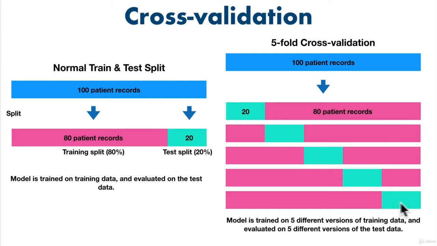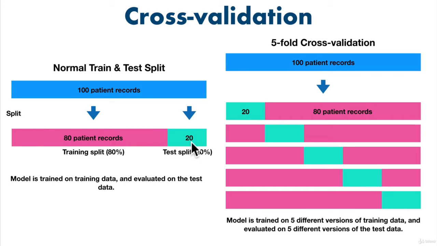So what's the purpose of this? Well, as you could imagine, if we're only training one model, it could be a lucky split. Like say this 80% of rows had a whole bunch of information and the model was able to learn really well on these 80 rows, on these 80 patient records. And then it got a really good score on this test set.